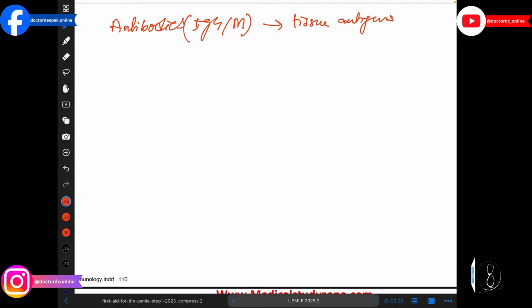They will bind to normal structures. There are three mechanisms of tissue and cell damage, the first being phagocytosis.